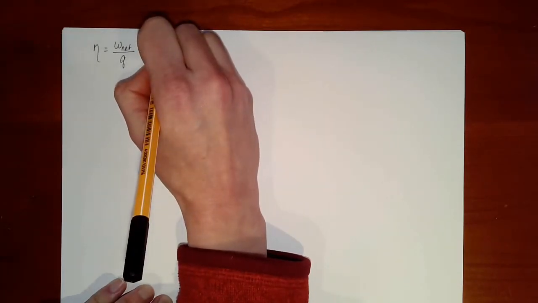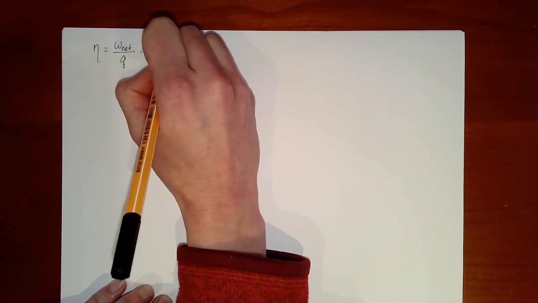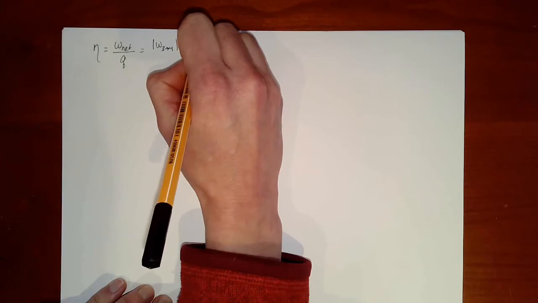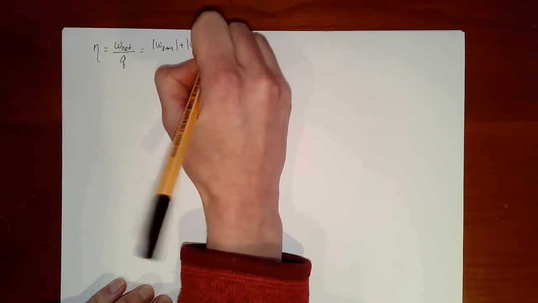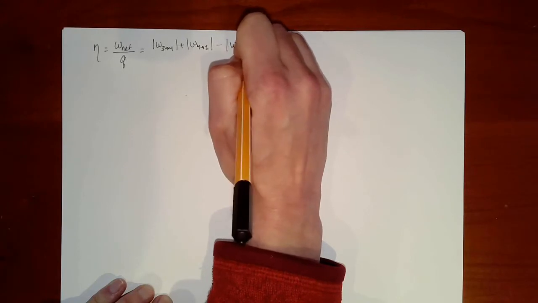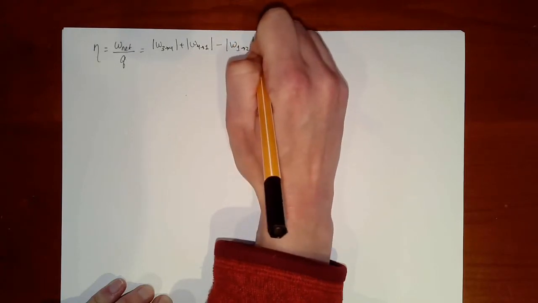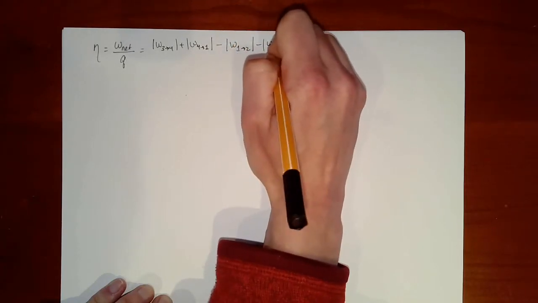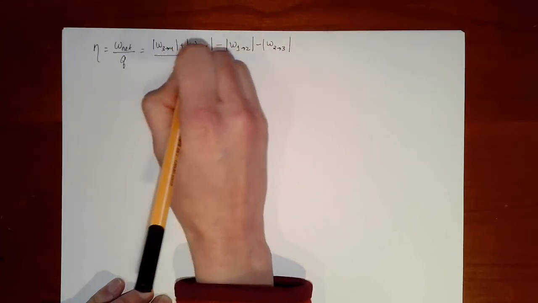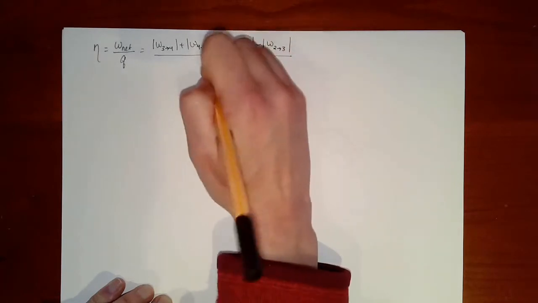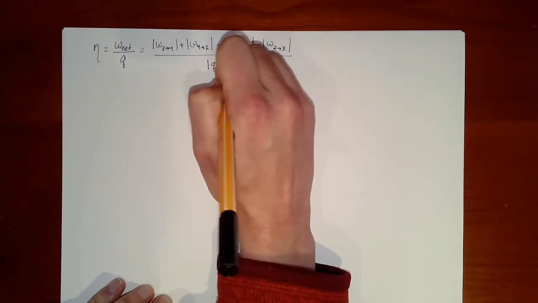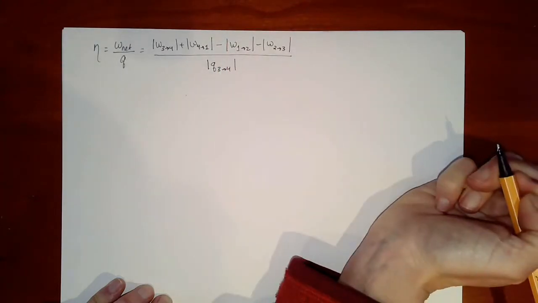So I'm going to take the absolute value of my 2 expansion steps and then subtract the absolute value of my 2 compression steps. You don't have to do it this way, but this is just the way I found it easiest to keep track of signs. And then we're dividing by the magnitude of the heat that we had to put in during that isothermal step.